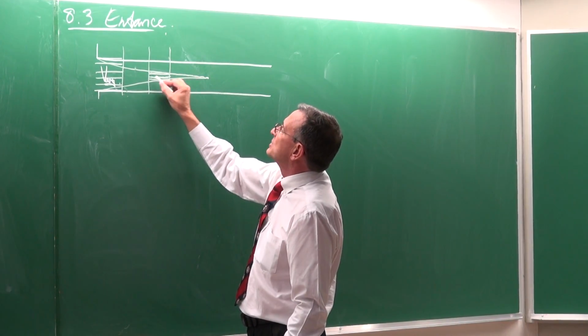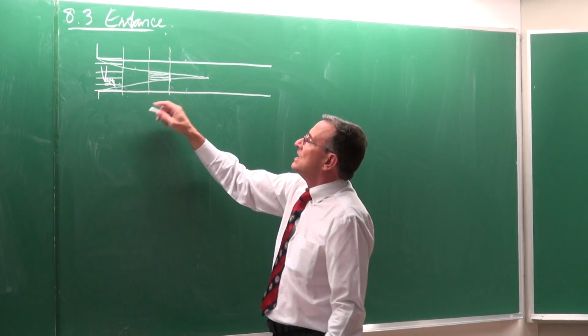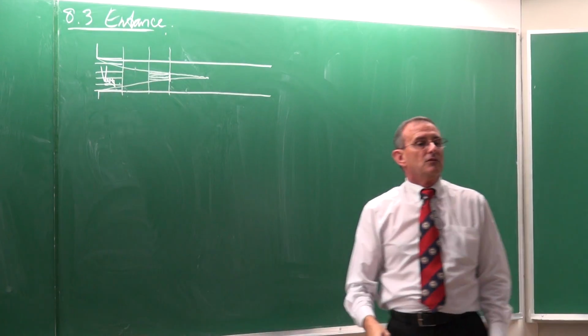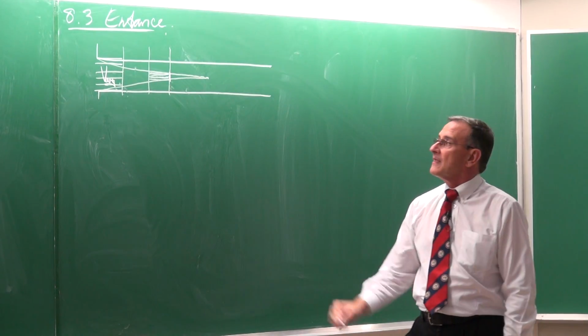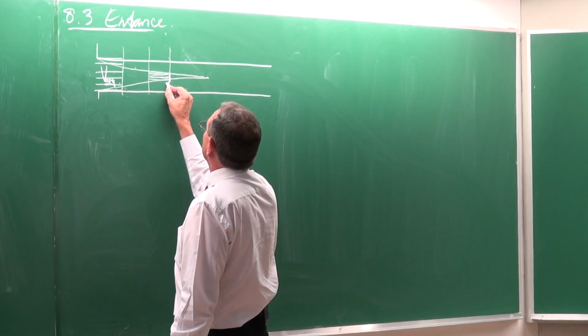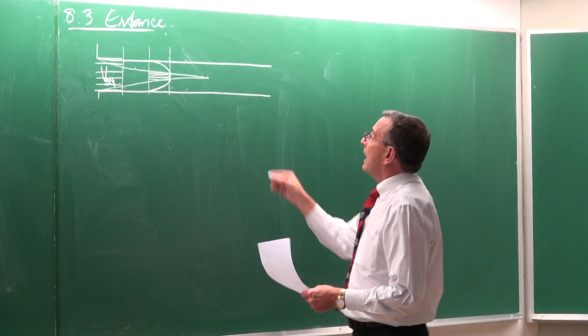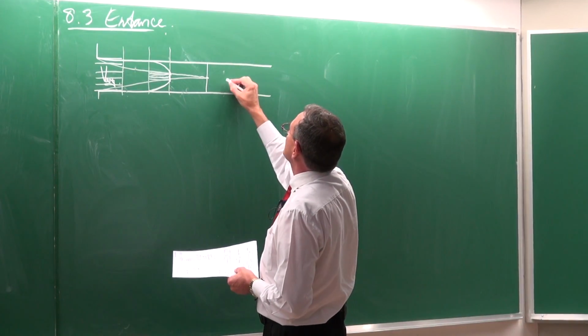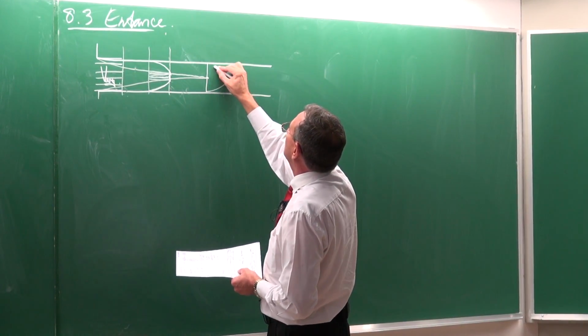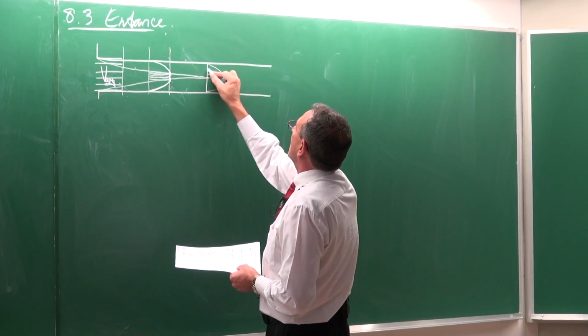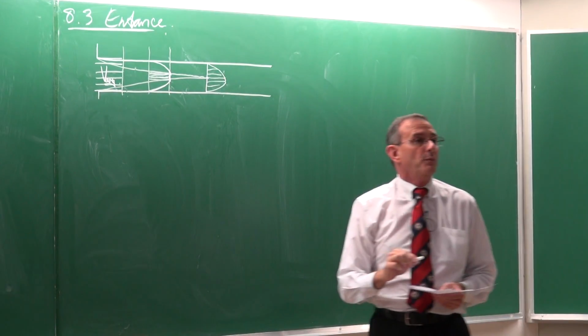So that velocity is still going to be that velocity there. Then it's going to decrease to the wall, up to the point here where the velocity boundary layer is fully developed. Now I'm drawing it as if it is for laminar flow.